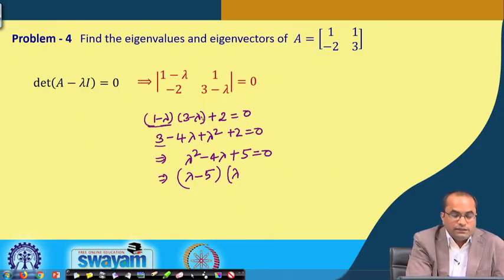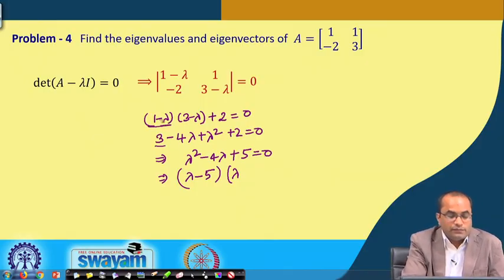So, once more here, we have the 3, and then we have minus 3 lambda and also minus lambda, so it will be minus 4 lambda. Then lambda square and plus 2. So, we have the lambda square term as it is, minus 4 lambda and plus 5 equal to 0. We try to get the roots of this equation.